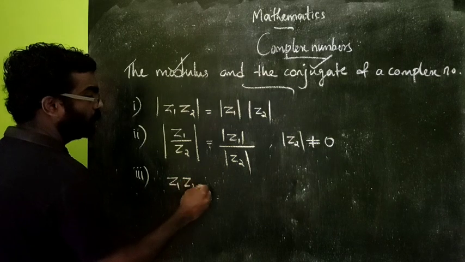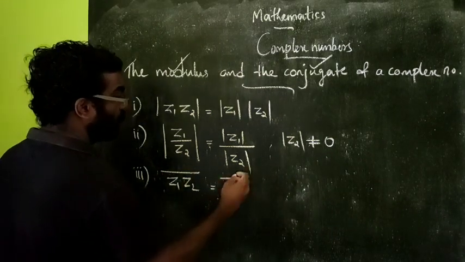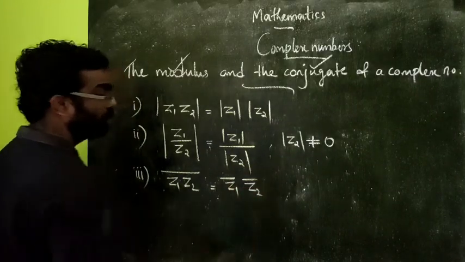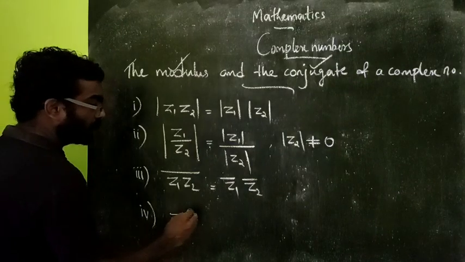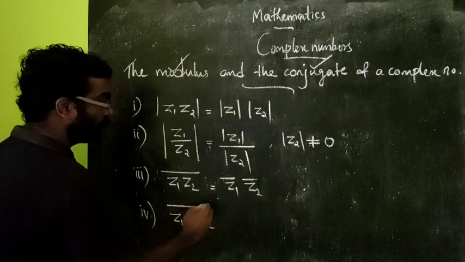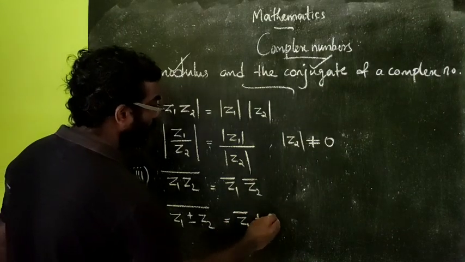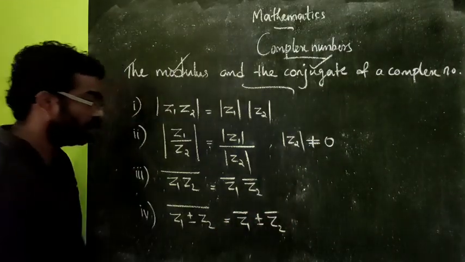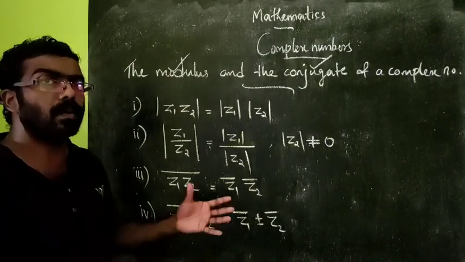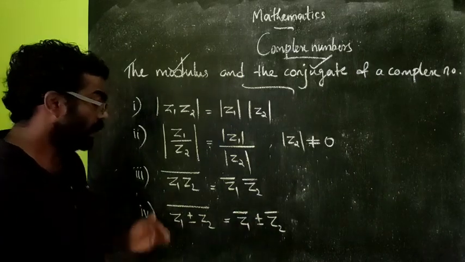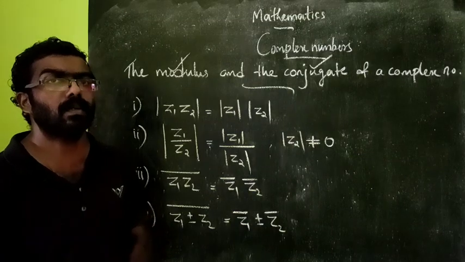Third one is z1 into z2 the whole bar, conjugate, which gives z1 bar into z2 bar. Okay, and the next one is z1 plus or minus z2 the whole bar, which is equal to z1 bar plus or minus z2 bar. So it means z1 plus z2 the whole bar equal to z1 bar plus z2 bar, and z1 minus z2 the whole bar is equal to z1 bar minus z2 bar.